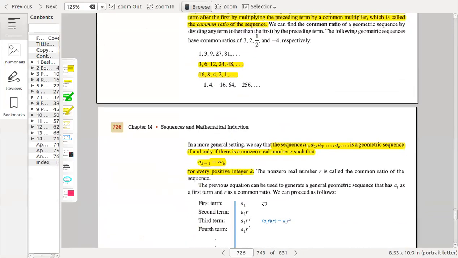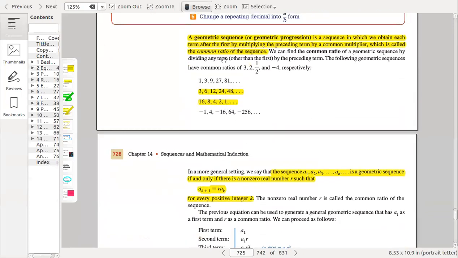So what is the sequence? A geometric sequence is a sequence in which we obtain each term after the first by multiplying the preceding term by a common multiplier, which is called the common ratio of the sequence.